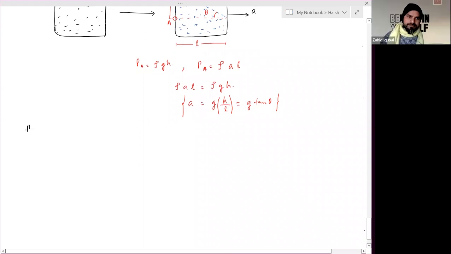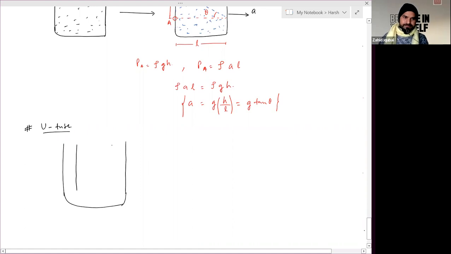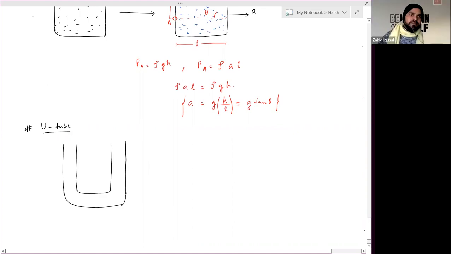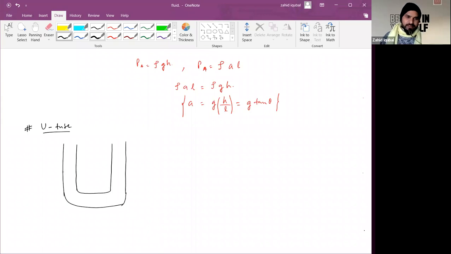Next is the U-shaped tube or U-tube problem. Suppose initially we have a U-shaped tube like this, in which water is filled up to this level.